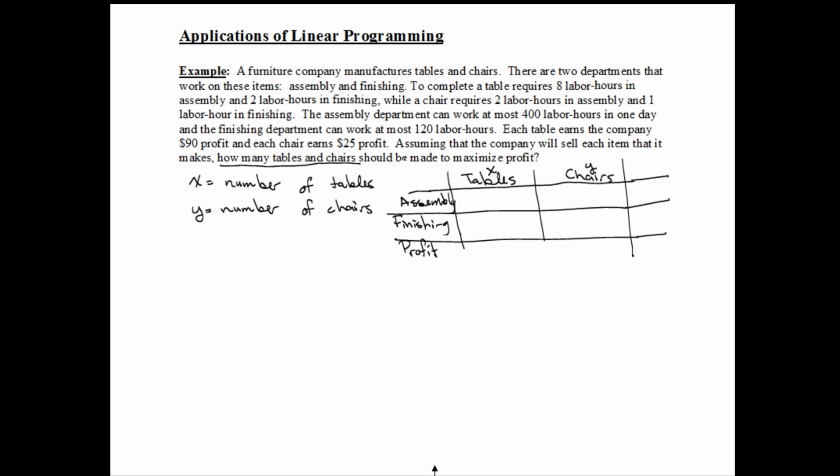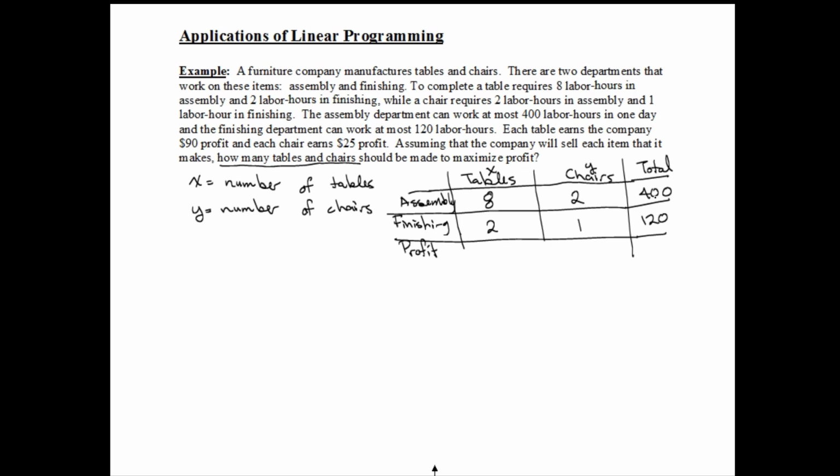Okay. To complete a table requires 8 hours in assembly and 2 in finishing. A chair takes 2 in assembly and 1 in finishing. Now we have some total hours given for the assembly department and the finishing department. So I'm going to add a column here for total. It says that my total hours can be at most 400 in assembly and 120.